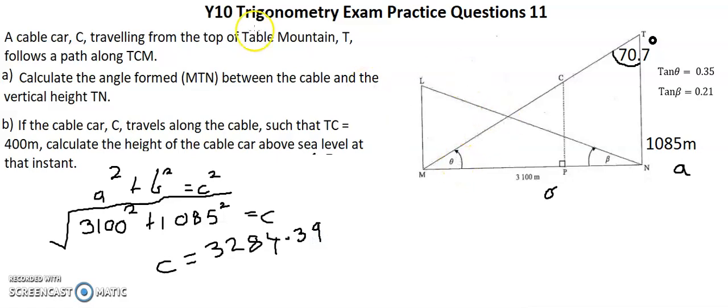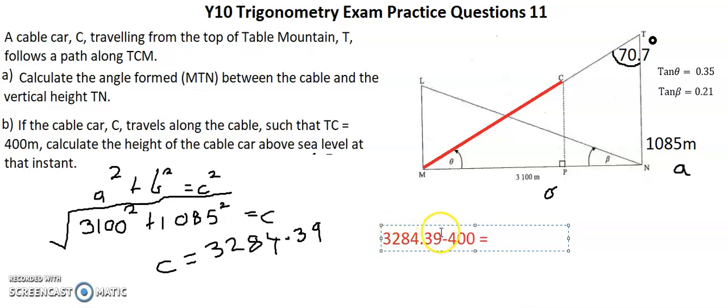Now to find the distance from my M to C, I know that C to T is 400 meters, so I can take away 400 meters. So all I need to do is go 3,284.39, take away 400.